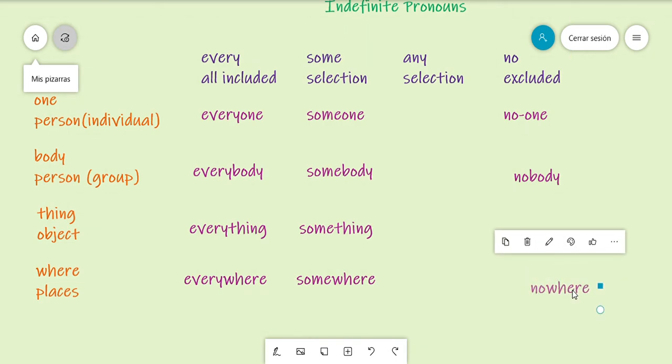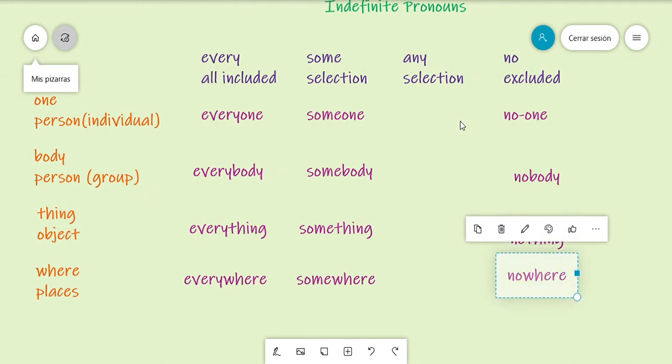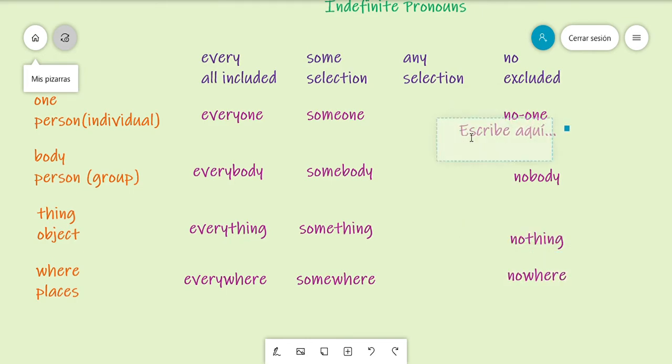Okay, so now, what happens in the case of any? As I said to you, any can take the place of no for negative sentences and of some for affirmative sentences. And I just write it here so that you can know what the words are.